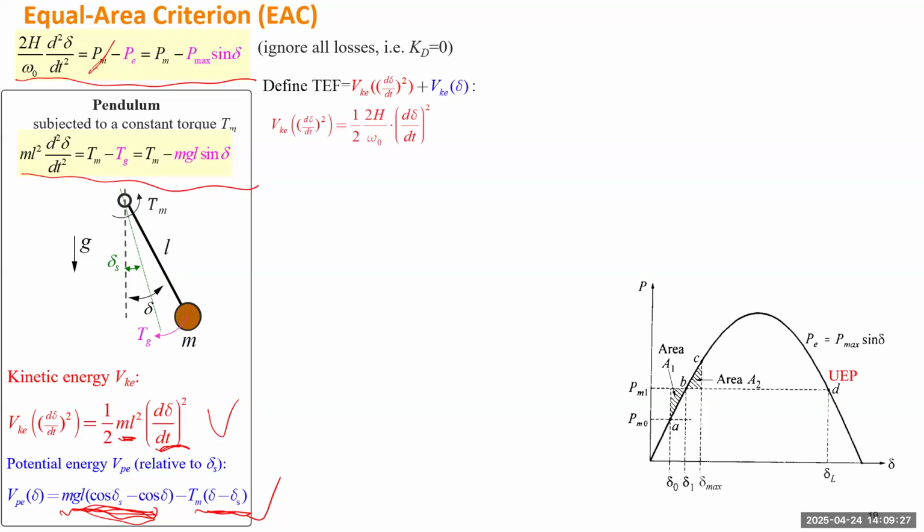The kinetic energy will be like this one because this part is compared to the moment of inertia, right? This item and that item are the same. So there will be a kinetic energy. For the potential energy, we just learned from the potential energy of the pendulum, we have this formula.